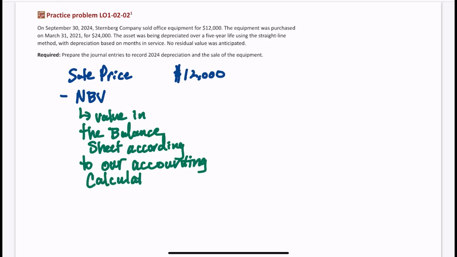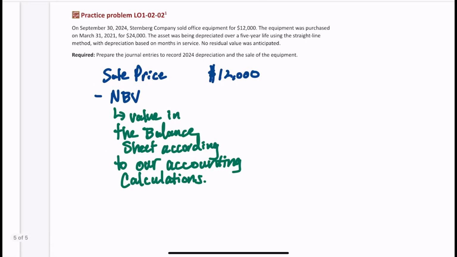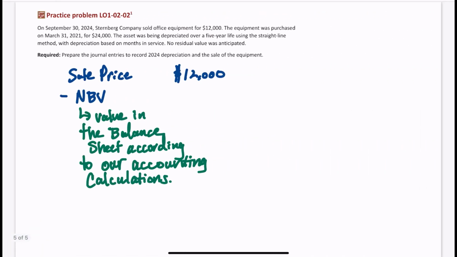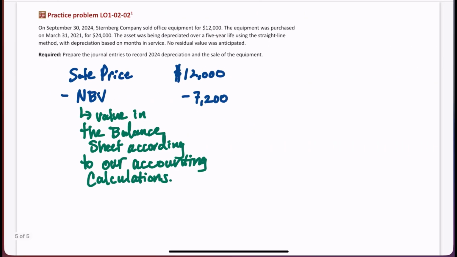Because we use this asset for over 3 years, our calculations suggest to us that this asset is only worth $7,200. Okay, so we can debate what number is the right number here. Is the asset worth $12,000, or is it worth $7,200?